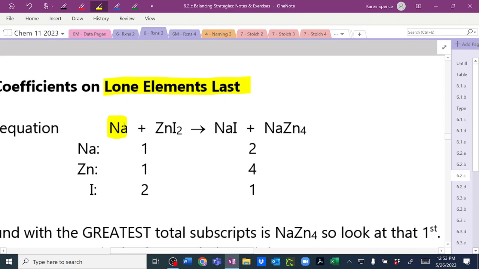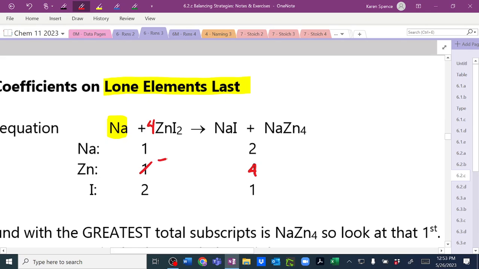At this point, it doesn't really matter whether we do the iodine or the zinc. However, I think because zinc has a bigger number, maybe I'll go with that one. Does that sound good? Sort of going along the more complex route. So we have 4 zinc on the right, so let's get ourselves 4 zinc on the left.